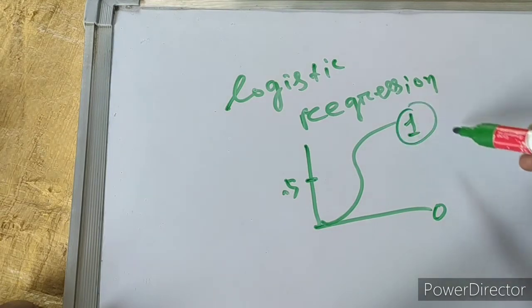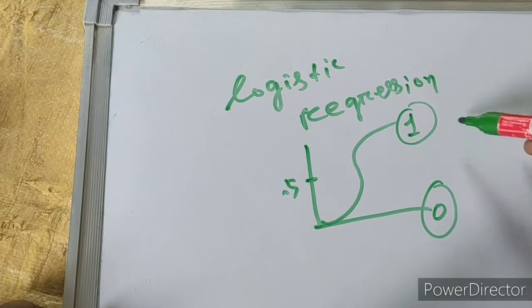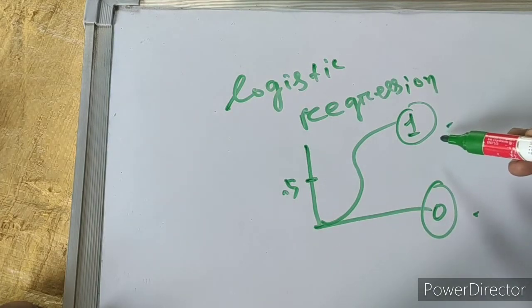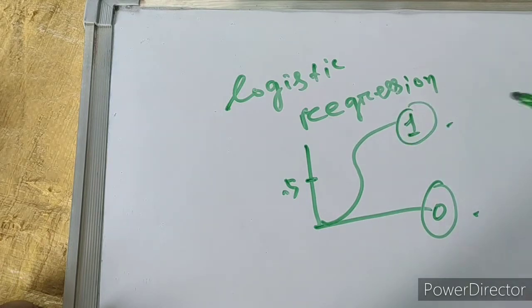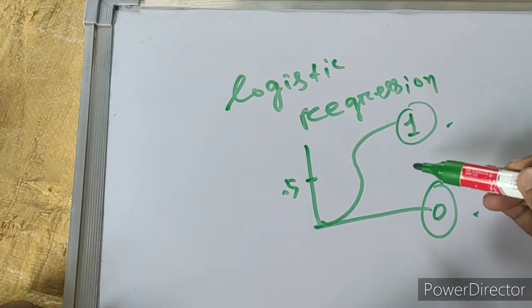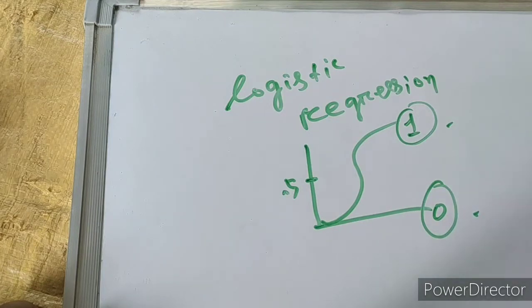So we have to consider either 1 or 0, two values. If the obtained value is more than the threshold value, it goes to 1. If it is less than the threshold value, it turns into 0. In this way, logistic regression binary classification happens.